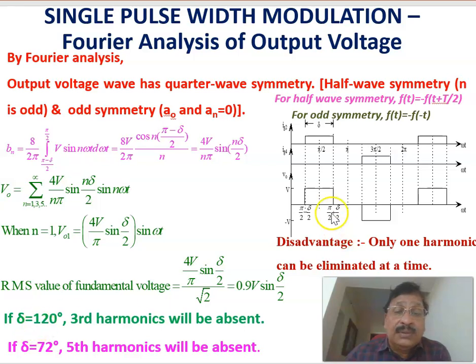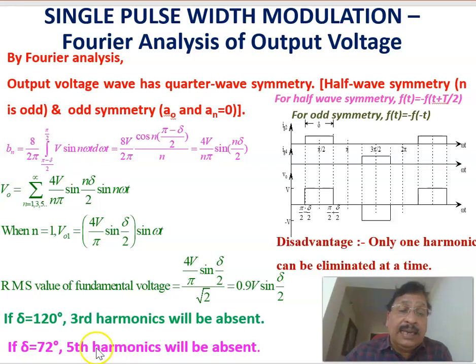Substituting for the third harmonic with delta equal to 120: 120 divided by 2 means 60, 3 into 60 is sin 180, which is zero. This Bn will become 0. Therefore, if we keep the pulse width at 120 degrees, the third harmonic will be absent.